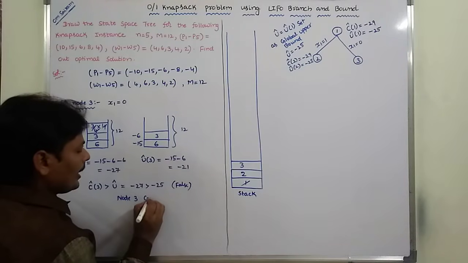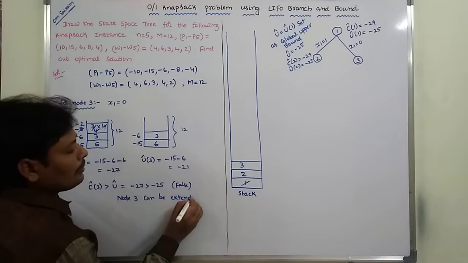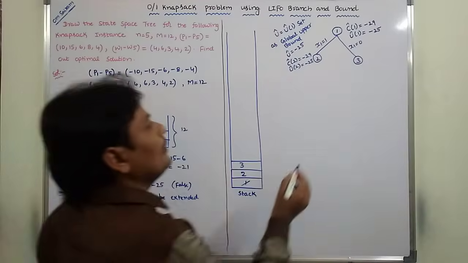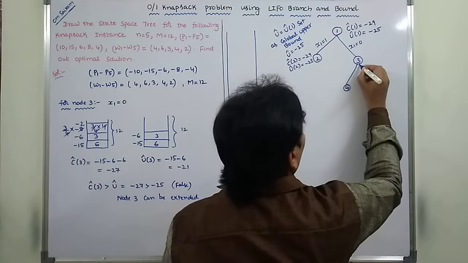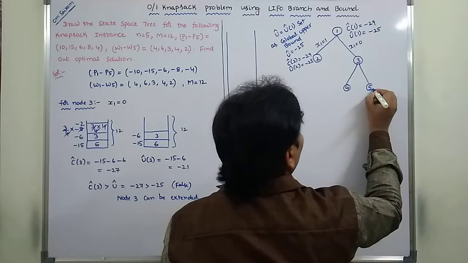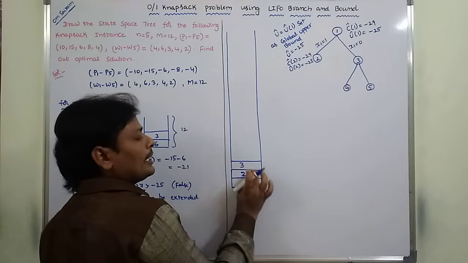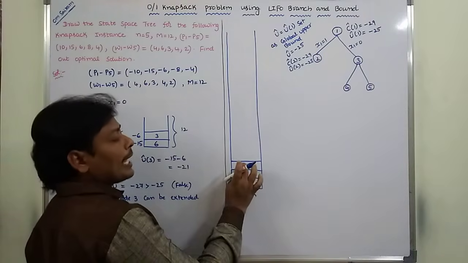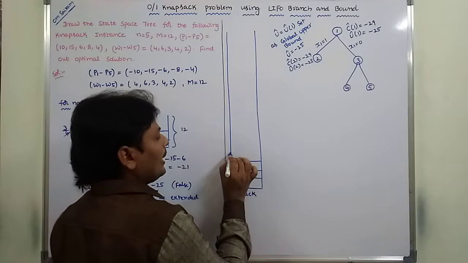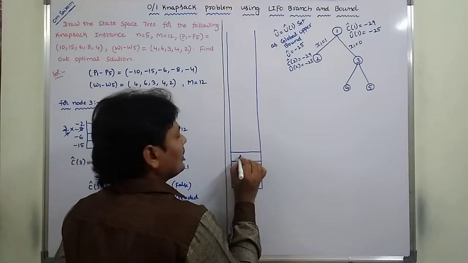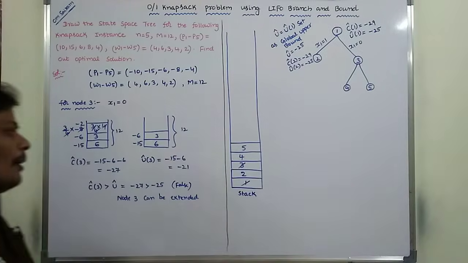Node 3 can be extended by taking 4 and 5. So this is 4 and this is 5. Now what is the element at the top of the stack? That is 3. Now 3 can be popped out and its adjacent nodes, 4 and 5, are inserted.